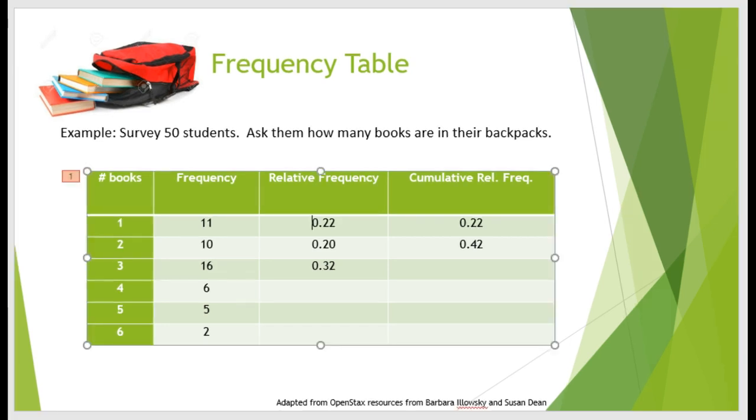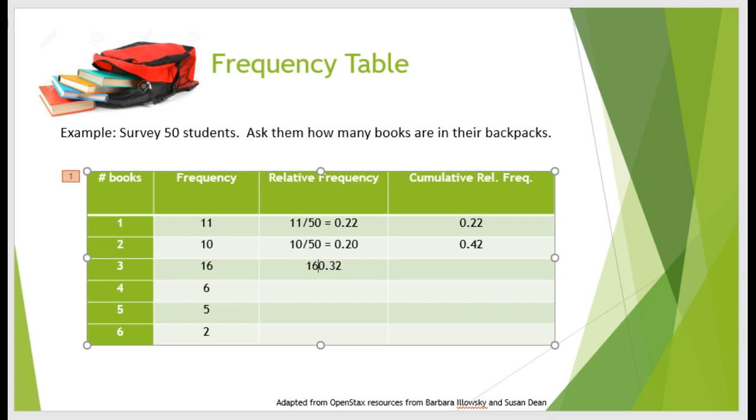So let's take a look at how we calculate the relative frequency. What we do is we take the frequency 11 divided by the total number of students that were surveyed. 11 divided by 50, and you get 0.22. You do the same thing down the column. So this would be 10 divided by 50 equals 0.2.